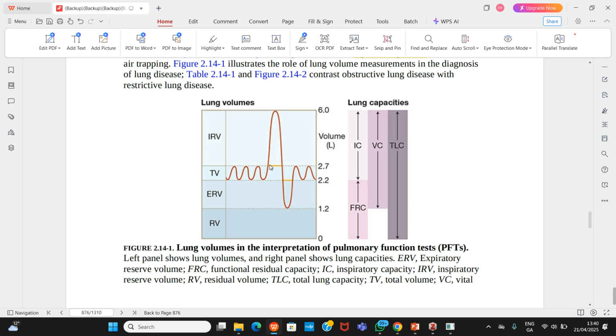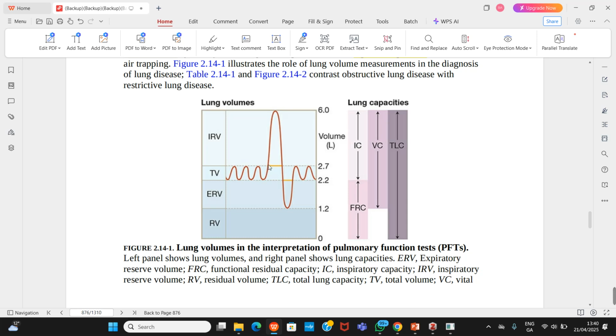The extra amount of air that I bring in after I have done the normal tidal inspiration is known as the inspiratory reserve volume. So this person breathes in 500, breathes out another 500 tidal volume, breathes in another 500, but the person is now breathing in an extra volume after the normal 500 tidal volume.